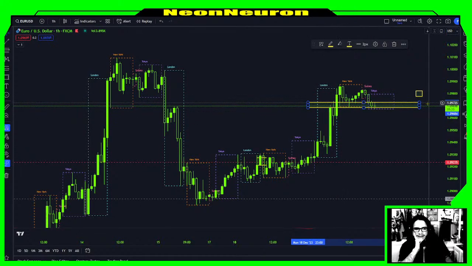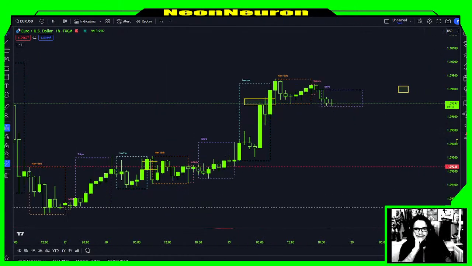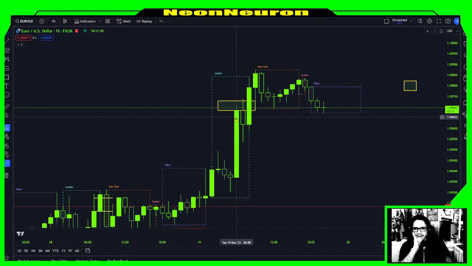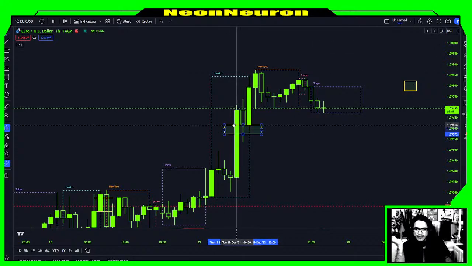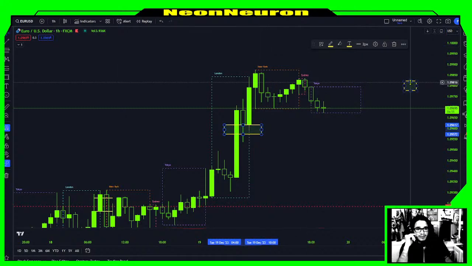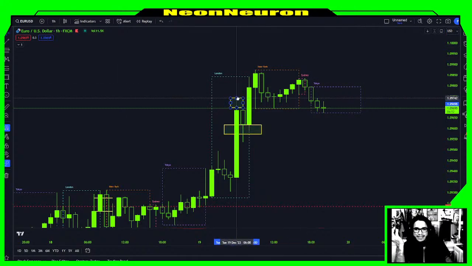So right here is a good spot to put it. That's a good spot right there, because you have some kind of action going on right here. You can also put it right there. See, price goes up and then it breaks through the barrier, then it comes down, and then it hits, and then it shoots up. So that's what I'm talking about. You can put it anywhere and make a decent conclusion.